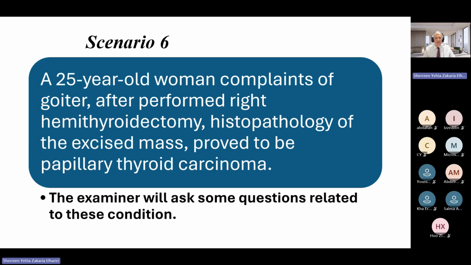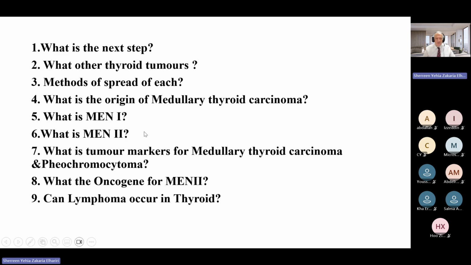All right. So what other thyroid tumors do you know? There is follicular, medullary and anaplastic. What is the method of spread of each? I stop you, I will tell the methods of spread.